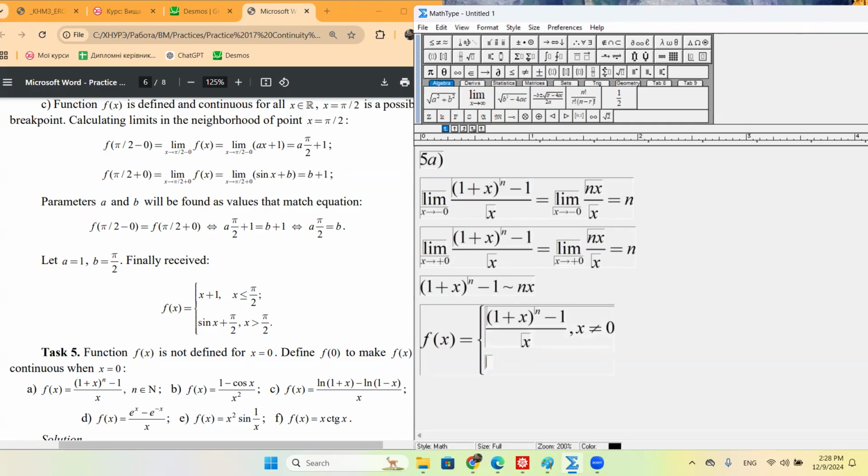But if x equals 0, it has value n. And that's it. Any questions for now? Okay, if no questions, moving next.